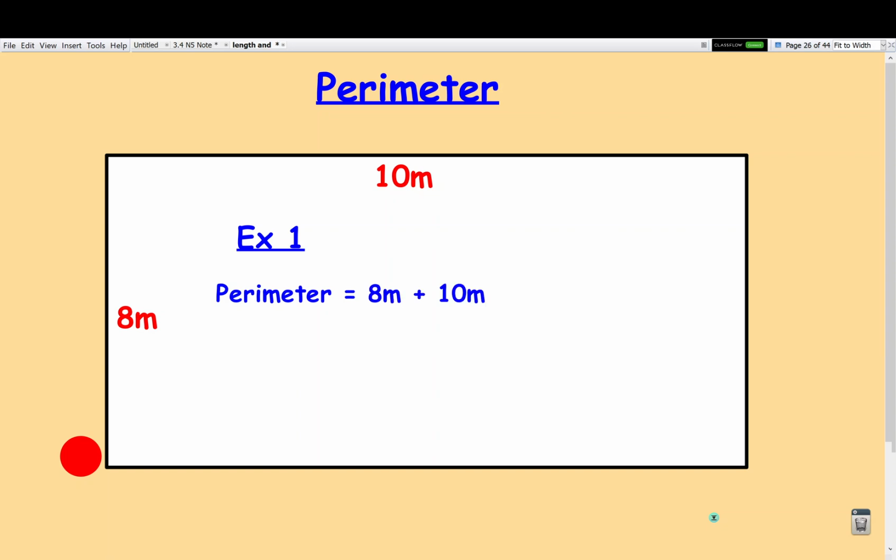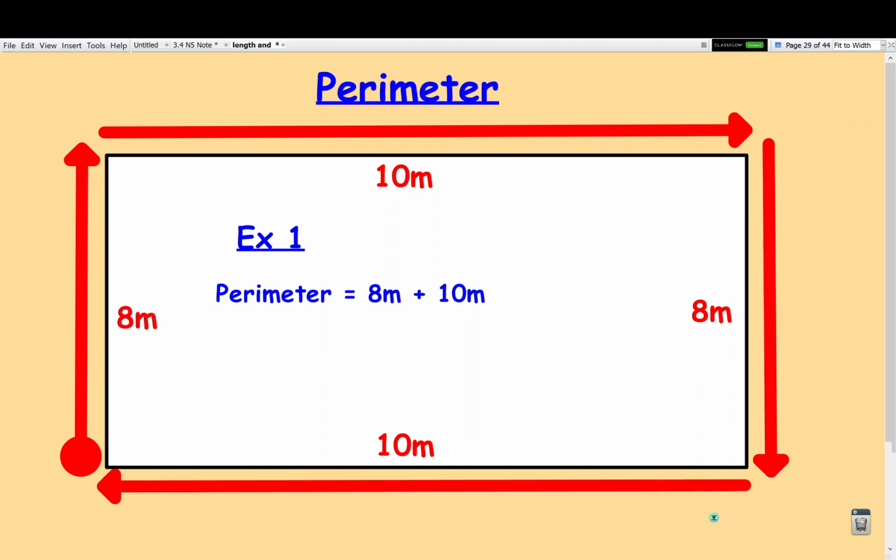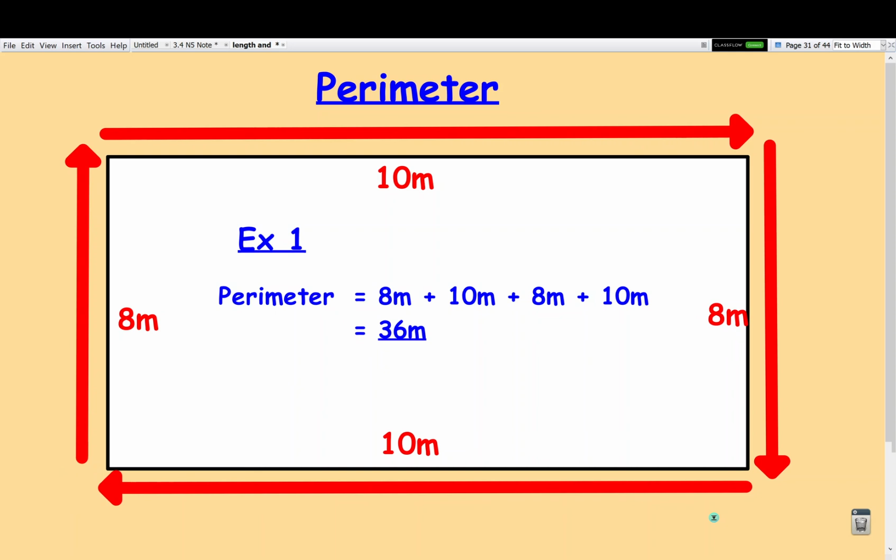We would start at one corner and say 8 plus 10, but of course that isn't all the edges of this shape. That's only halfway. We also have the opposite sides that have a value of 10 metres and 8 metres, so we would need to add those as well. Adding the four sides together, 8 plus 10 plus 8 plus 10, that's going to be an answer of 36 metres.